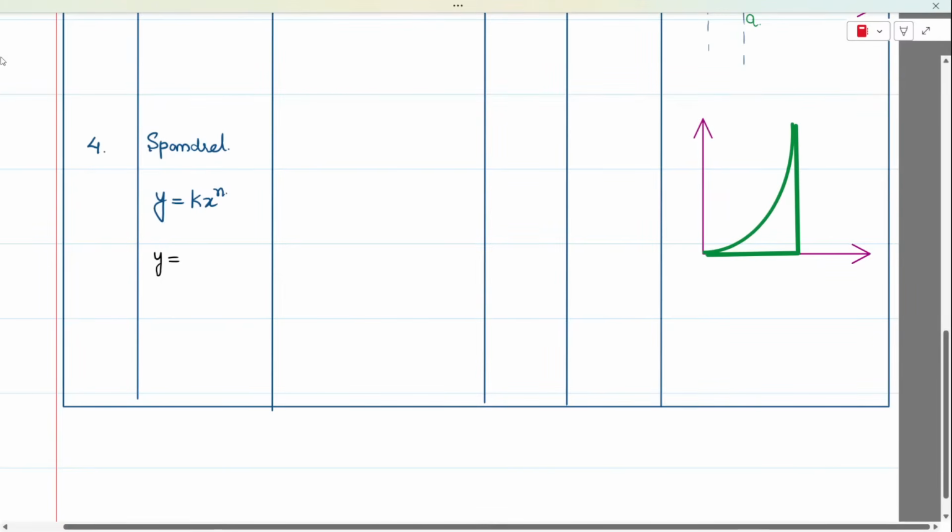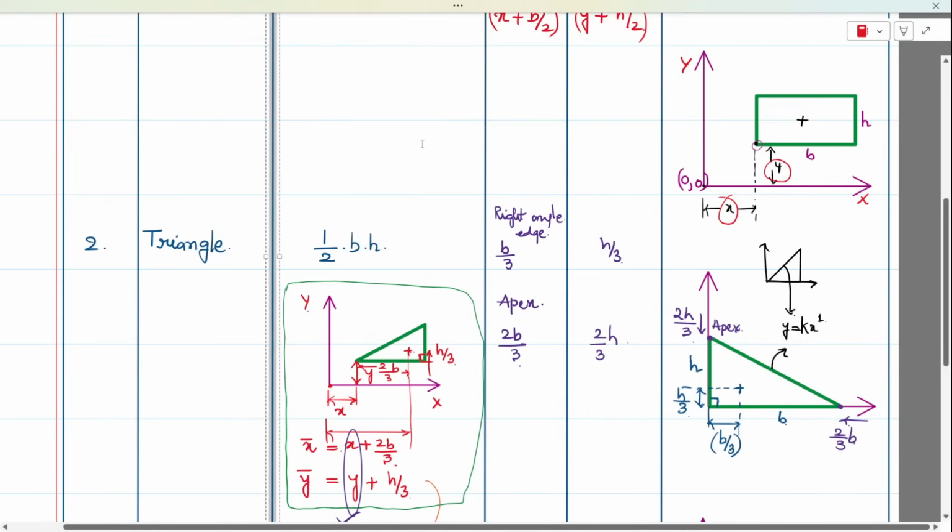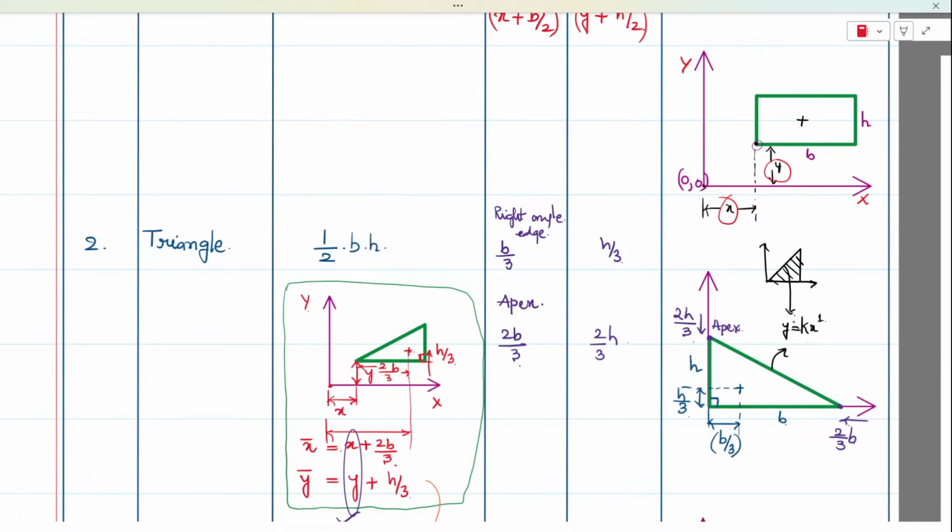Okay. And here, if I go back to triangle, the triangle was supposed to be like this. This is the orientation the triangle has to be. Only then the equation y is equal to kx power 1 will be valid. And the formula we have written as 1 by 2 times base into height.